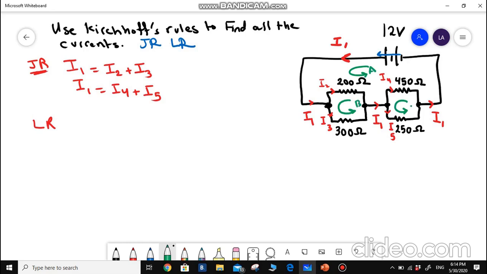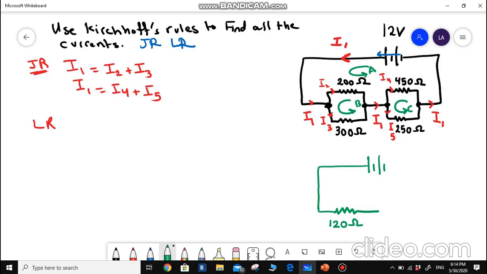For loop A, it's hard for me to see it clearly unless I simplify my circuit a little bit. So here with the green, I will sketch the simplified circuit. If we calculate 200 and 300 in parallel, and I think all of you are experts now, you will get 120 ohm.